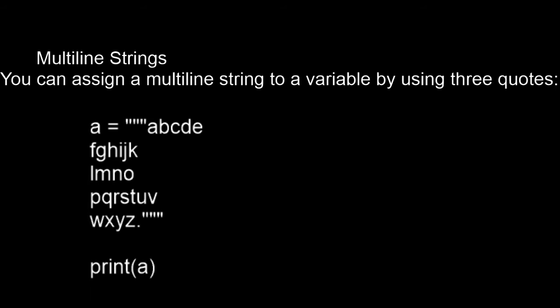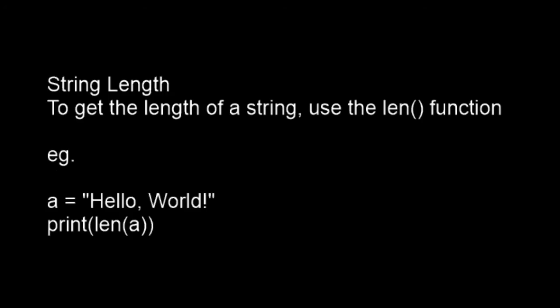When we print it, the result will be printed. We can find the length of a string using the len function. For example, a is equal to hello world. When we use len, we can display the length of the string hello world.